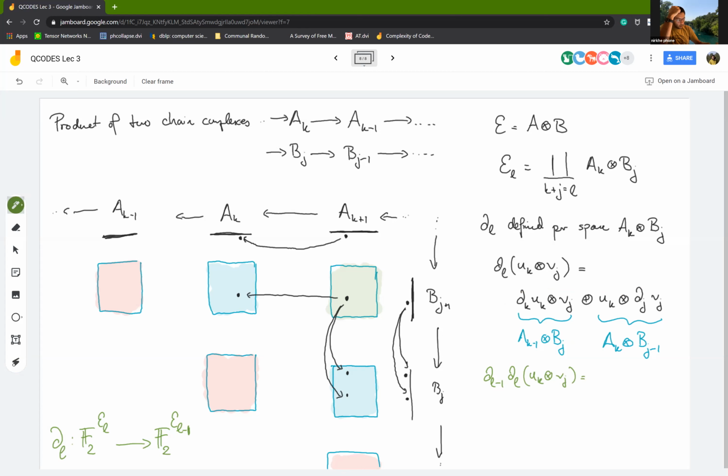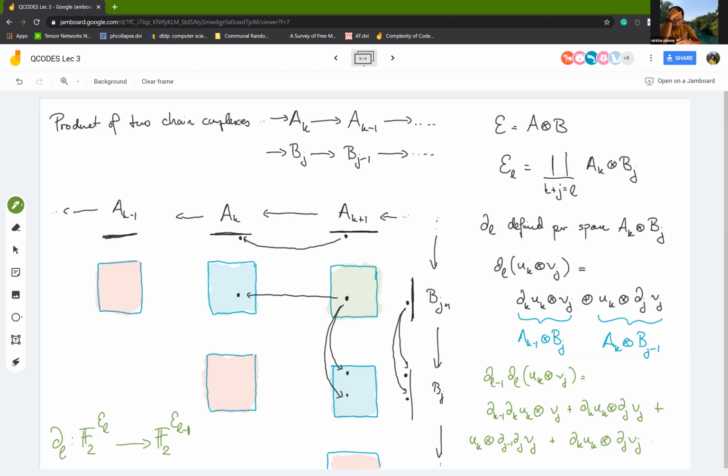If I did that, I would get delta_(K minus 1) delta_K U_K tensor V_J, plus delta_K U_K tensor delta_J V_J, plus U_K tensor delta_(J minus 1) delta_J V_J, plus delta_K U_K tensor delta_J V_J.